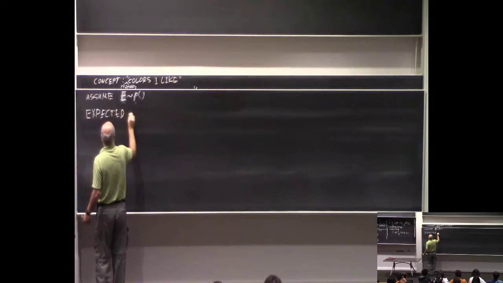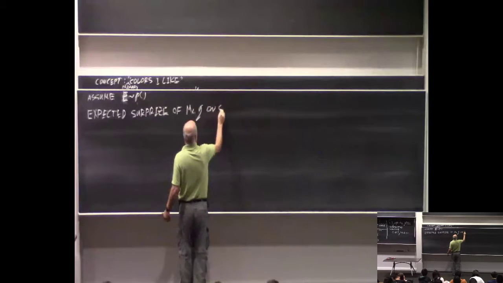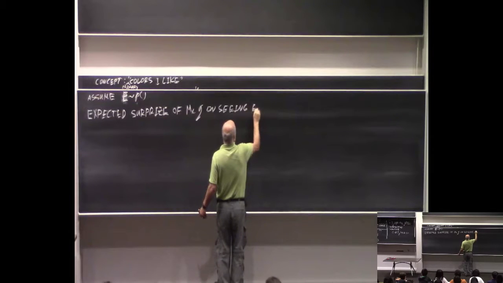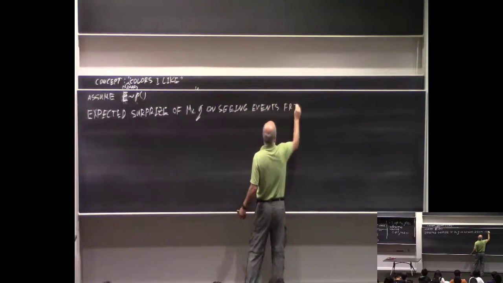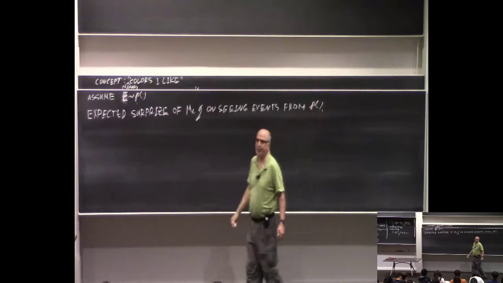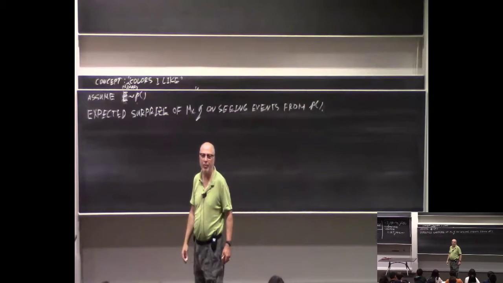Expected surprise of Mr. or Ms. Q on seeing events from P. You understand what I'm trying to calculate?